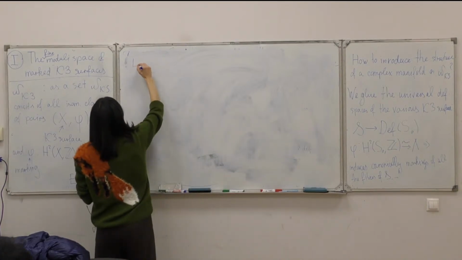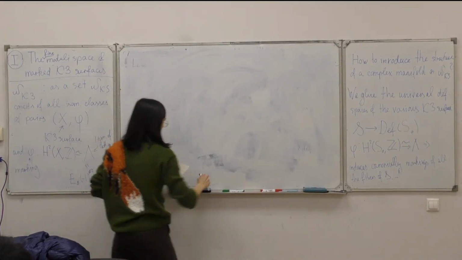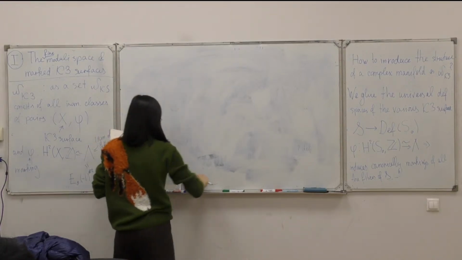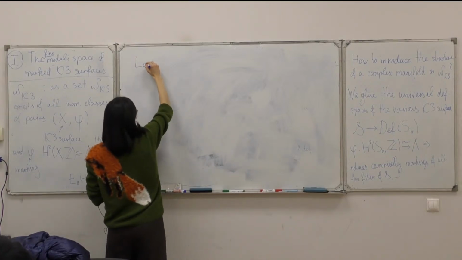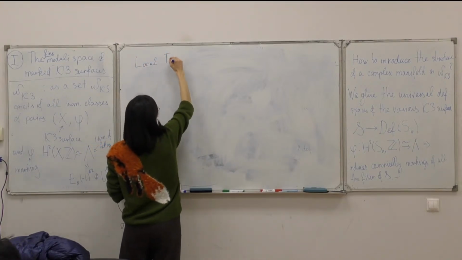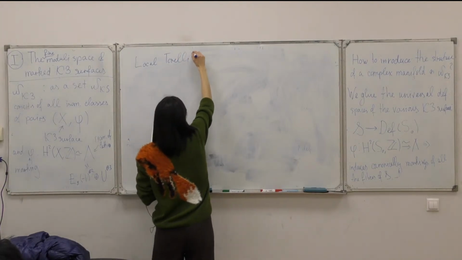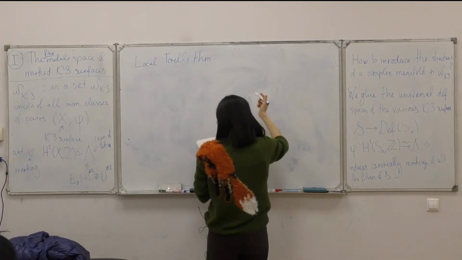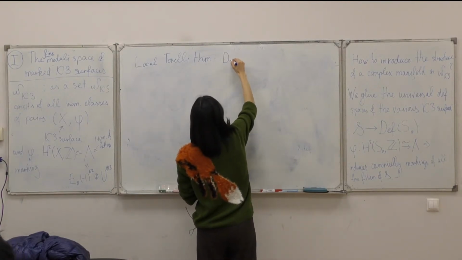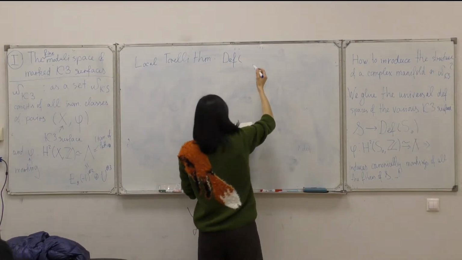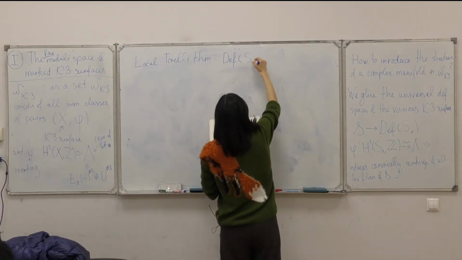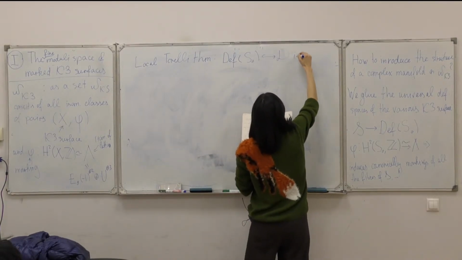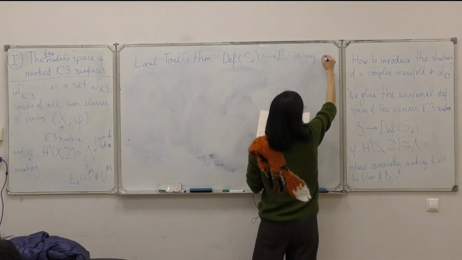So from the local Torelli theorem, we know that the corresponding period map is injective.